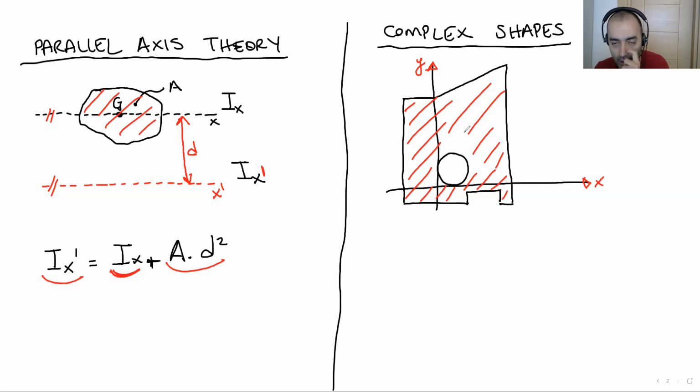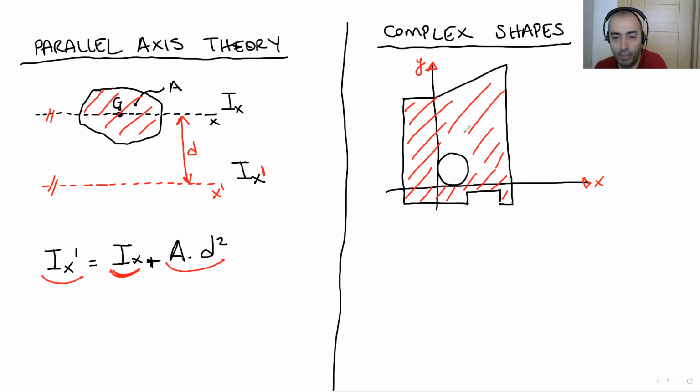We are going to convert these shapes to basic ones, and then we will calculate their moment of inertia values one by one. If we need, we have to shift their axis to the X or Y axis at the end of the day.